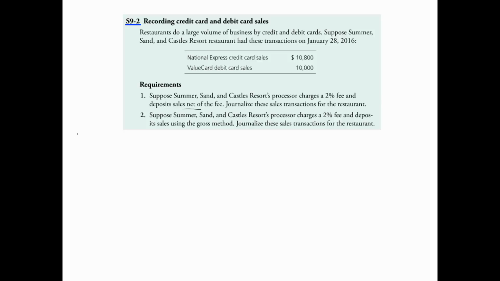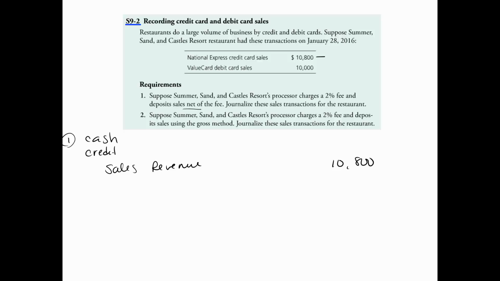So the way the transaction would look, if this was just a cash sale, I'd be debiting cash and crediting sales revenue for the total amount. We'll do these in two transactions. $10,800. But this is net, so they're going to take off the fee.